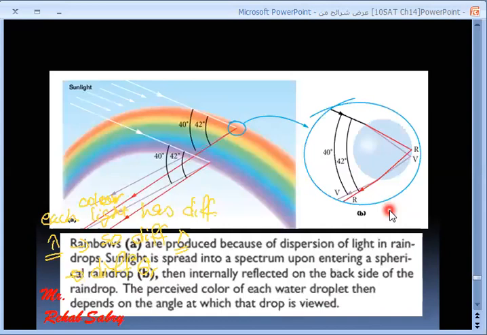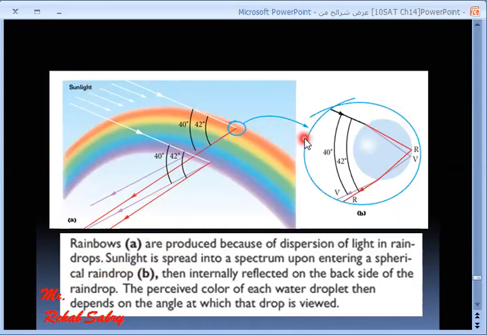Here, the rainbow is an application of this phenomenon. The rainbow happens because droplets of water in the atmosphere act as tiny prisms, where two processes happen.